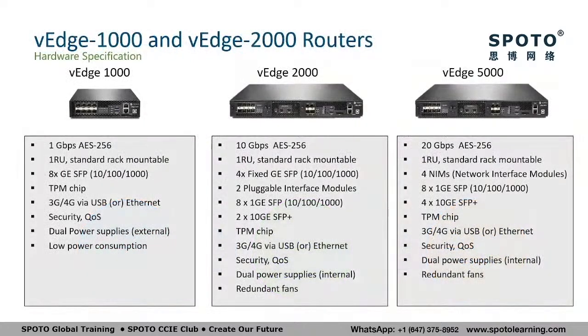As we mentioned, the Viptela hardware platform has different hardware models with different performance. It's more about the throughput and the ports. So this is just information for your reference, right? This is the Viptela solution.